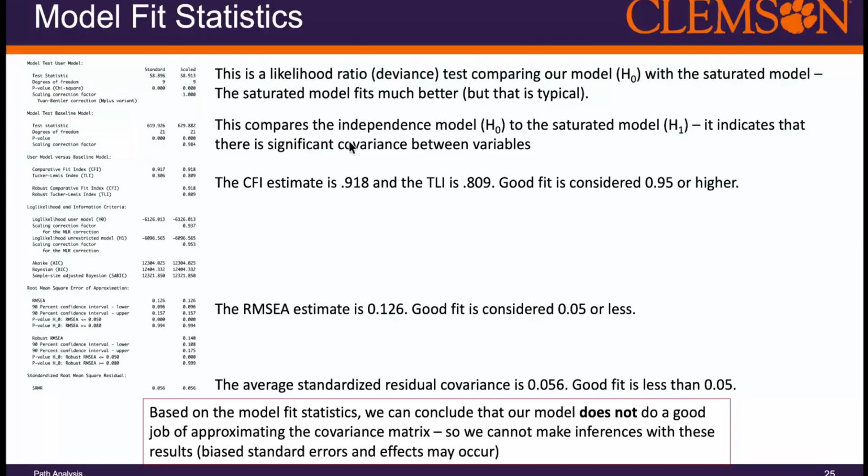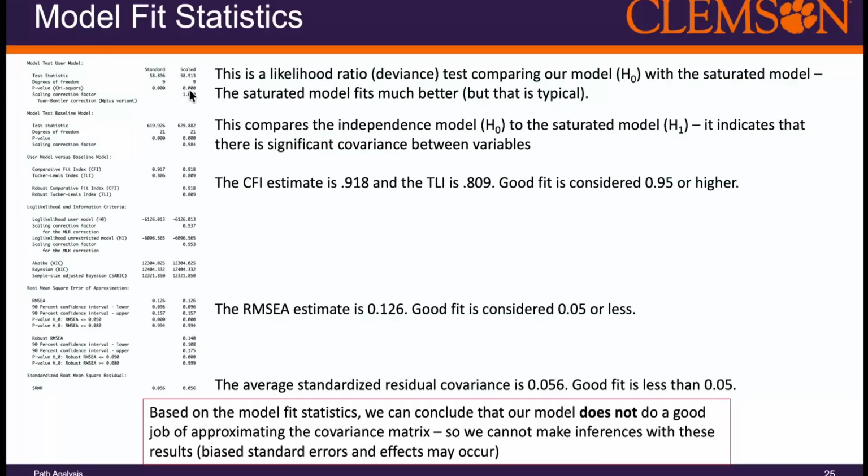I have a little reminder of what each section of the model fit output looks like. So let's check this first section, the likelihood ratio test between our model and the saturated model. The degrees of freedom are 9. If you remember, that's the difference between the 28 parameters in the covariance matrix of the saturated model and the 19 parameters of our model that go into that. That's the 9. This tells us it has a small p-value.